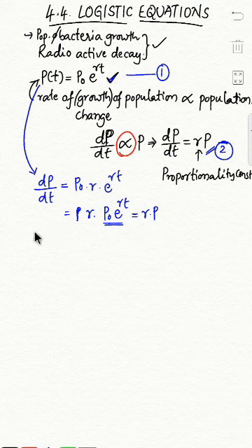Now here the proportionality constant r is called something else. What do you call it? Let me check that up. What is this called?